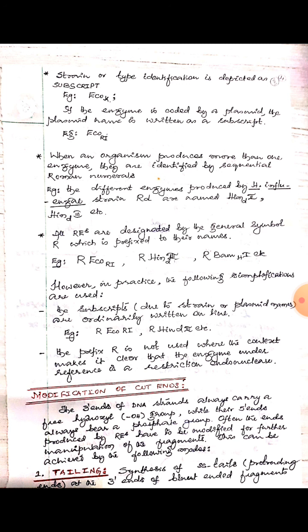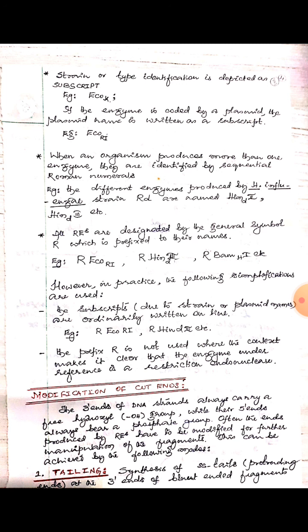For example, the different enzymes produced by Haemophilus influenzae with the strain Rd are named as HindII, HindIII, etc. Here H is for the generic name Haemophilus, in for the specific name influenzae, d is the strain written as subscript, and Roman numeral 2 is the second enzyme to be extracted from Haemophilus influenzae. If it is HindIII, that is the third restriction endonuclease extracted from Haemophilus influenzae.